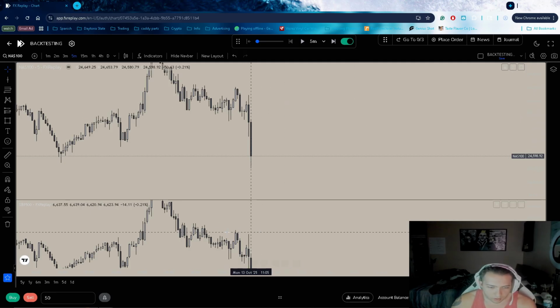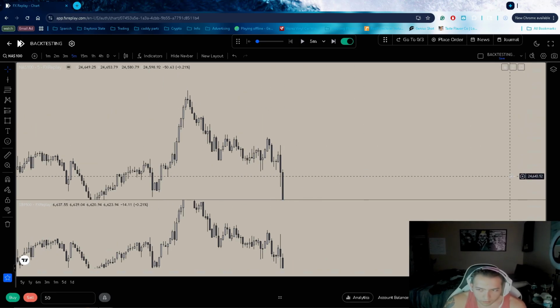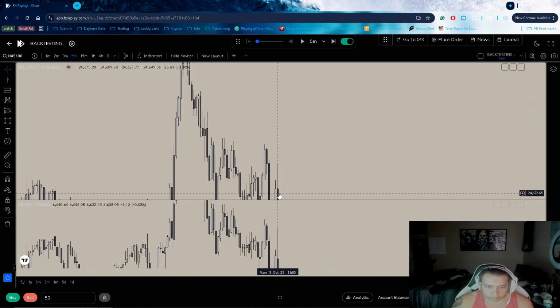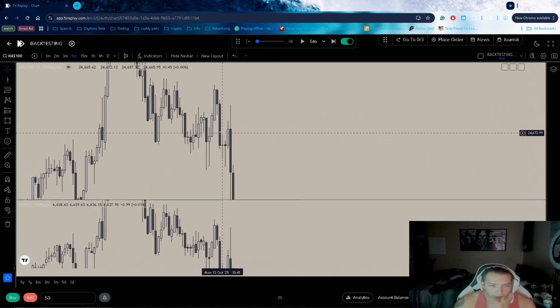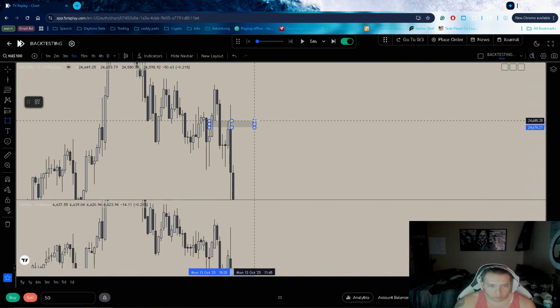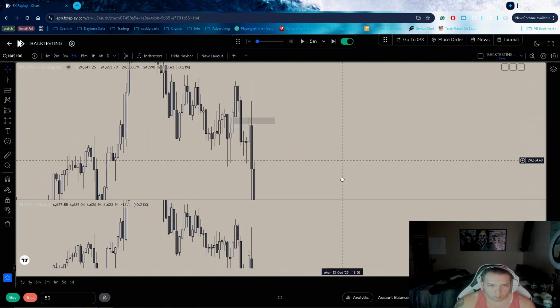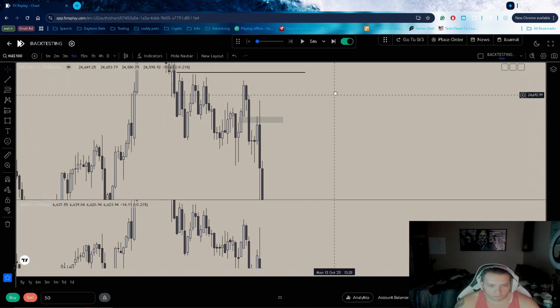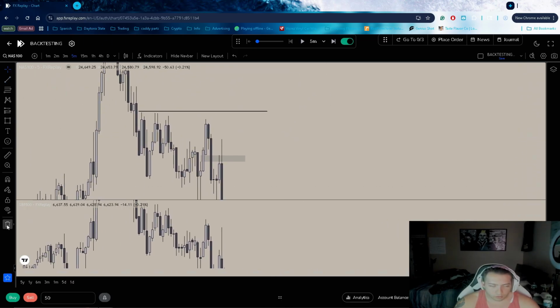I guess you could take the, what's this SPC? No, I mean, you could have taken a trade off this inversion, or the retracement would have been fine, but this liquidity wasn't taken, so not really the best of trades.